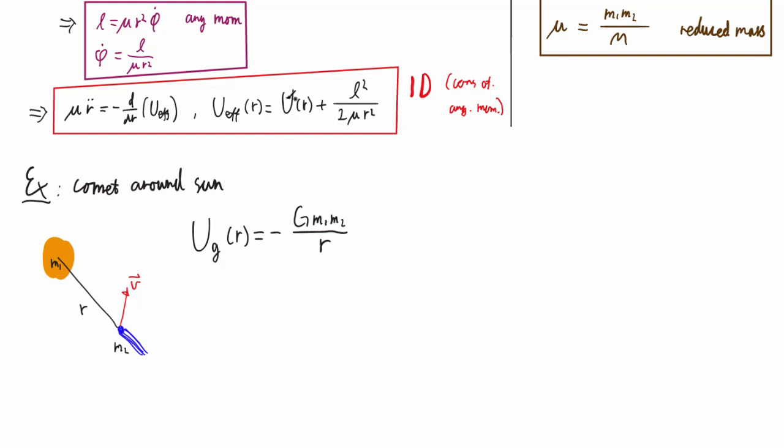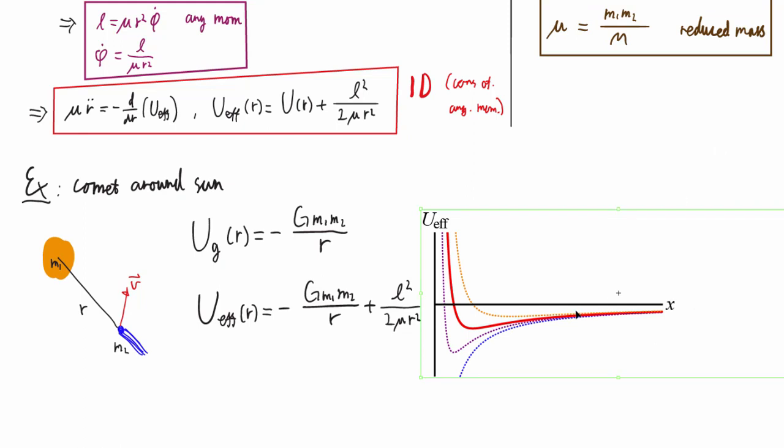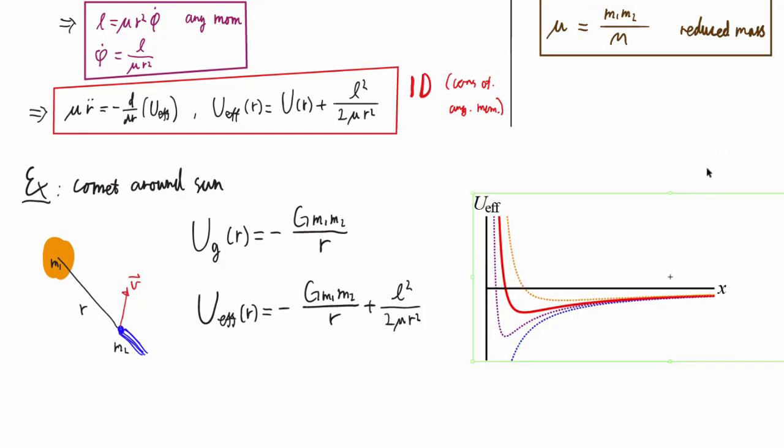Now, using our effective potential here, that would therefore be equal to minus G m1 m2 divided by r plus this term, L squared, that's the angular momentum magnitude, divided by 2 mu r squared. If you plot that, it looks something like this, depending on what value for L you're using.